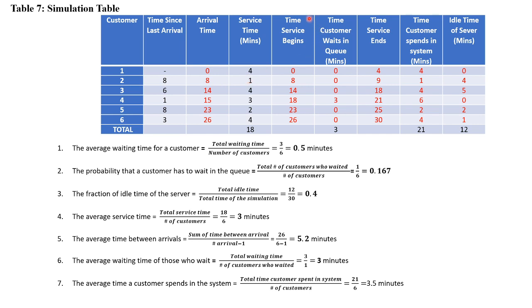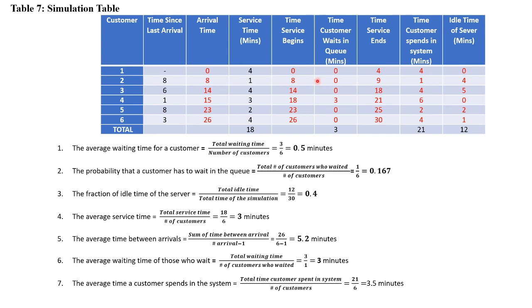Then the time the service begins is 8, because by the time customer 2 came into the system, customer 1 was already gone. The server is there, just waiting. So the service began as soon as customer 2 arrived.